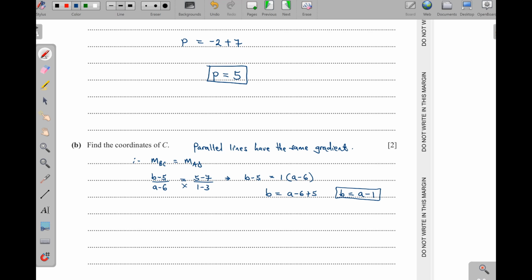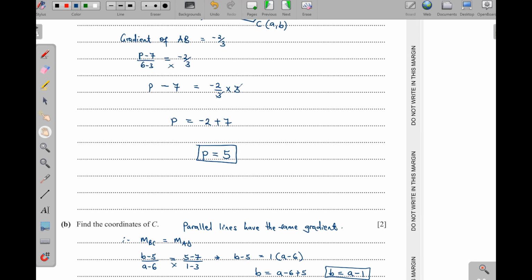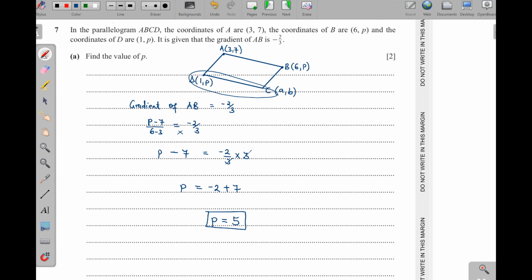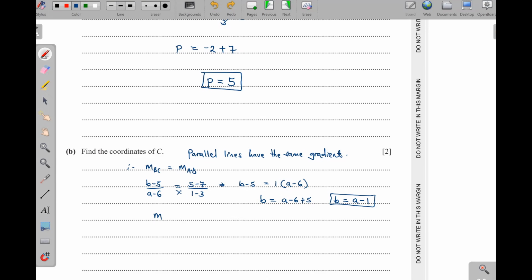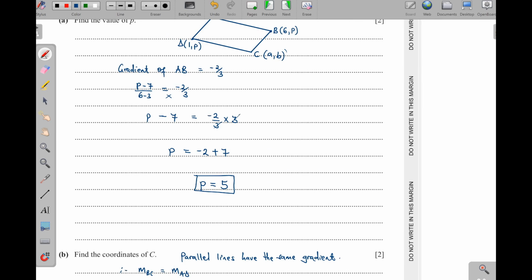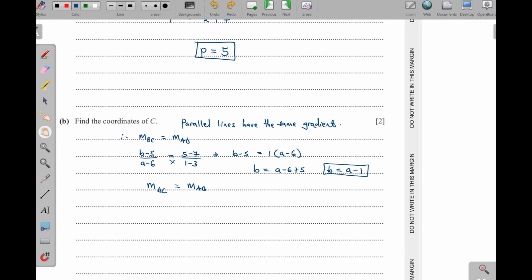And then I'll also go to the gradient of DC, which is equal to the gradient of AB. Okay, gradient of DC is equal to gradient of AB. And here we shall have b minus the 5 over a minus 1, which is equal to the gradient of AB, given as negative 2 over 3.